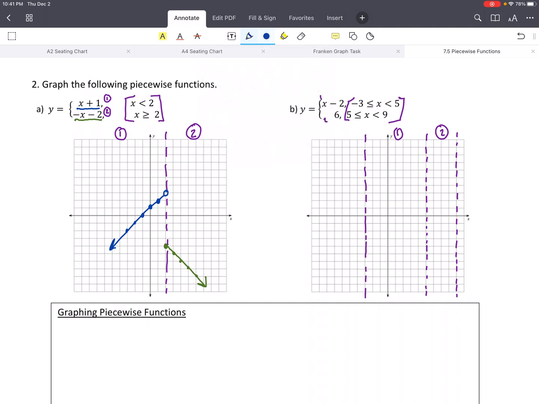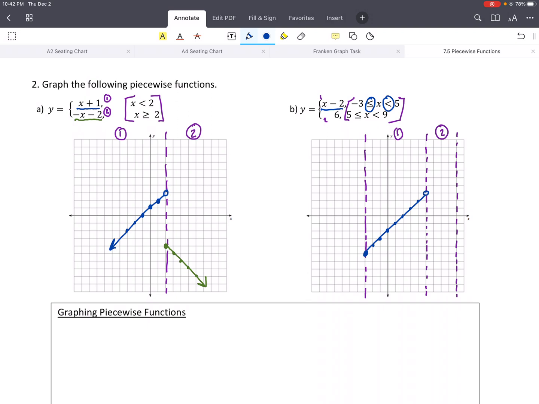So if I go to graph this first piece, x minus 2, my y-intercept is at negative 2, and my slope is positive 1. Up 1 over 1, up 1 over 1. When I get to 5, it's just greater than, so it's going to be open. When I go back down to negative 3, it's or equal to, so that one will be closed.